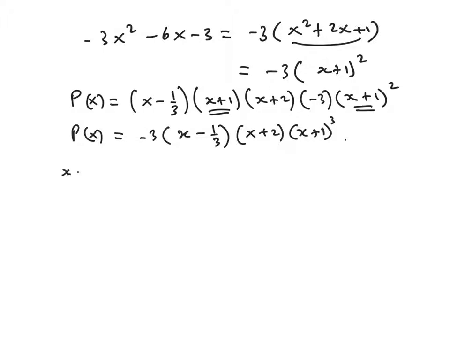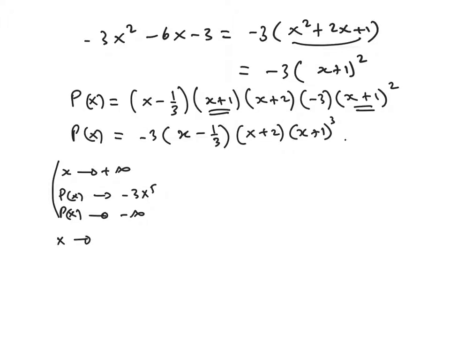So let's start with x taking very large values. We use the notation plus infinity. p of x will behave in the same way as the term with the highest power in the polynomial, which is negative 3x^5. And because of the power 5 and the negative sign, p of x will take very small values, using the notation negative infinity.